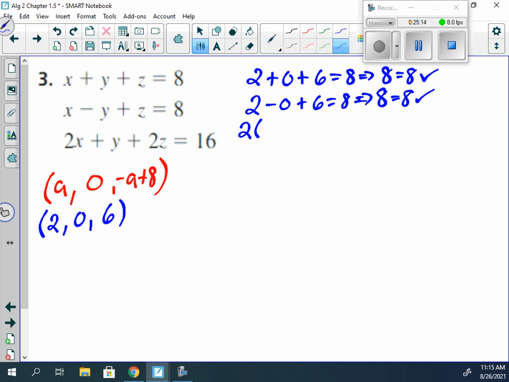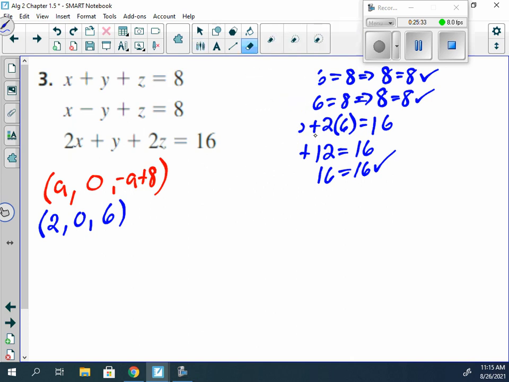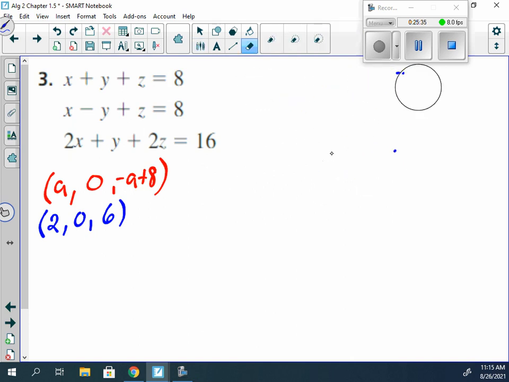And lastly, 2 times 2 plus 0 plus 2 times 6 is equal to 16. Well, 2 times 2 is 4. 0 we can remove. 2 times 6 is 12. And 16 is equal to 16. So the point (2, 0, 6) is a solution for this here.